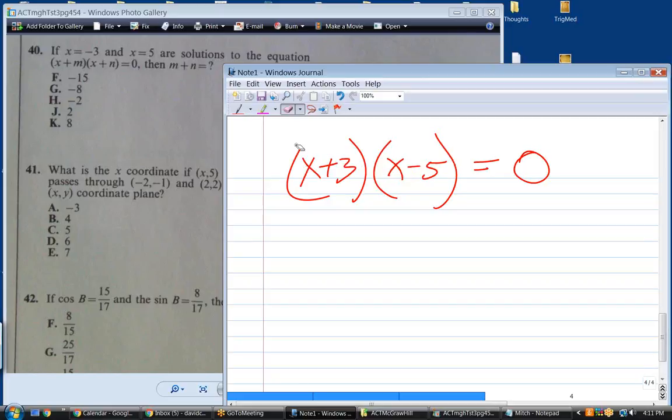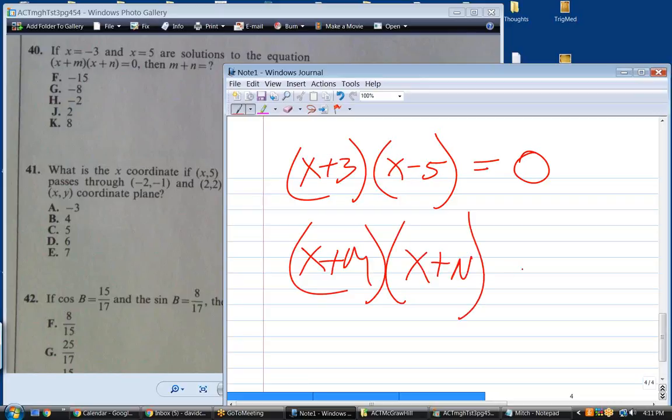Comparing this to this gives us what? If we have x plus m times x plus n equals 0. So I know this is true and I know that is true.